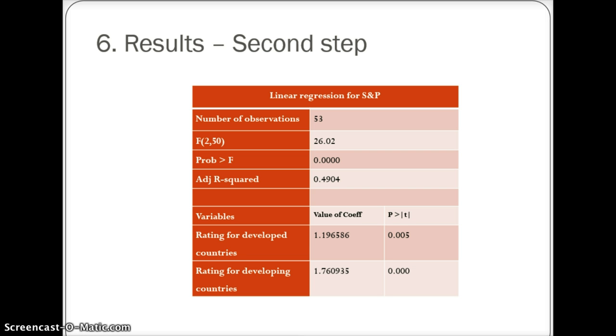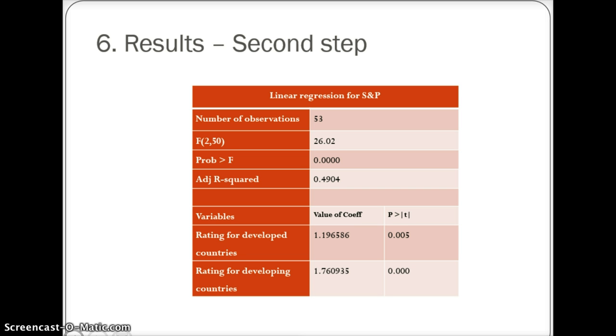Remember that the second step consisted in estimating the influence of the rating, given by Moody's and S&P, on the interest rate for developed and developing countries. We used a linear regression with a sample of 53 countries, or 23 developing countries and 30 developed countries.